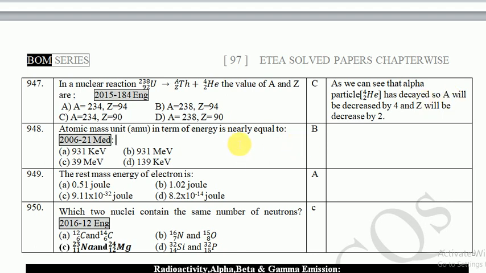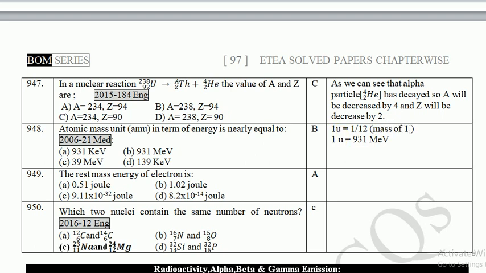Now atomic mass unit in terms of energy. We know that 1 U is equal to 931 mega electron volt. This is the relation, you must remember it, there is no need of derivation. Also remember that 1 U is equal to 1 over 12 of the mass of one carbon atom.